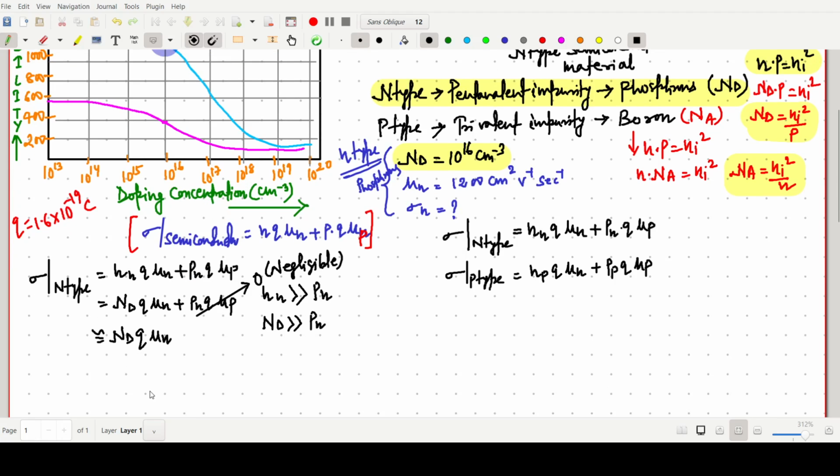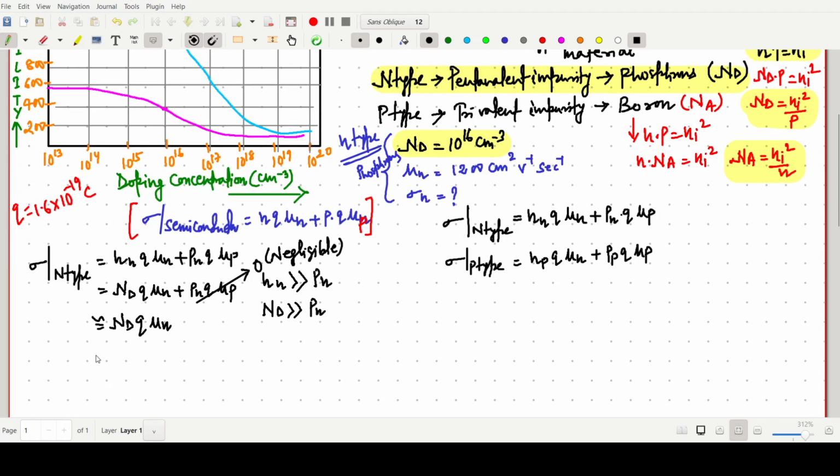Now we have the value for N d. The N d value will be 10 to the power 16 per cubic centimeter, so I am also writing the unit. Now q is simply 1.6 into 10 to the power minus 19 coulomb.